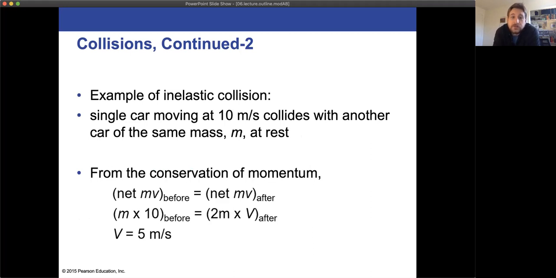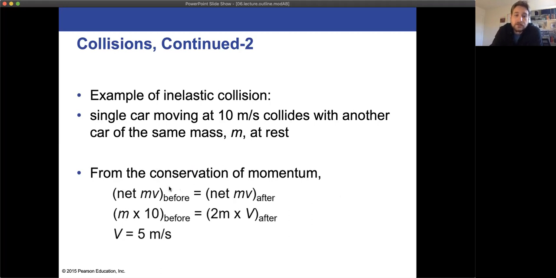A single car moving at 10 meters per second collides inelastically with another one. They have the same mass, and they get sort of tangled up together during the collision. One fender gets stuck on another and they move together afterwards.